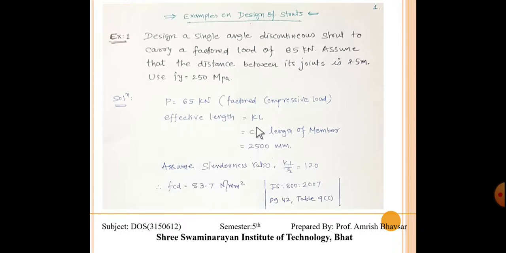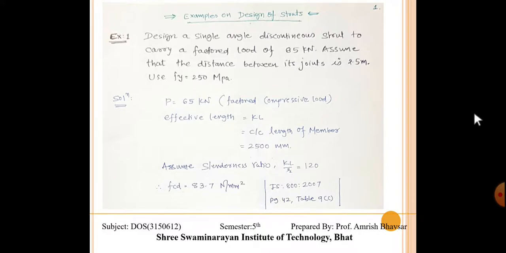Effective length, for any case we have to take effective length, that is KL, and center to center length of the member is 2.5 meter. So it is 2500 mm.